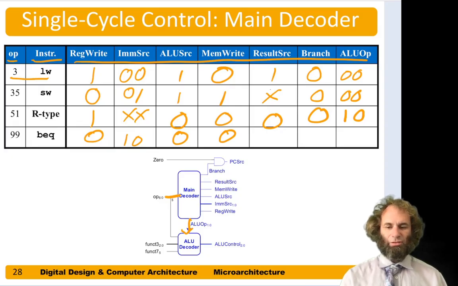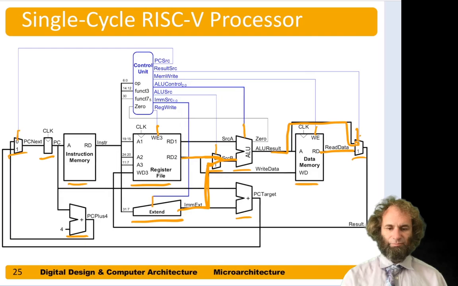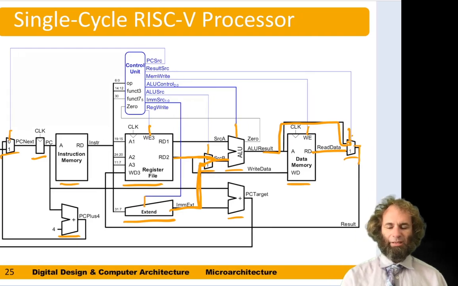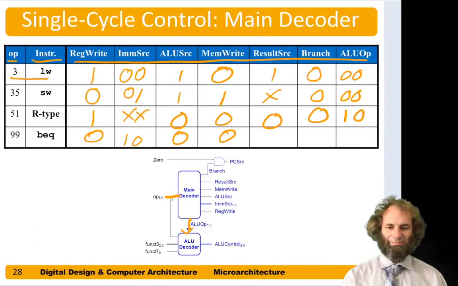Result source, we are not using the result, so it doesn't matter what it is. Branch is now 1 because this is a branch instruction, and for ALU op, we need to subtract the two registers to compare them, so let's make ALU op 0, 1 to indicate subtract.